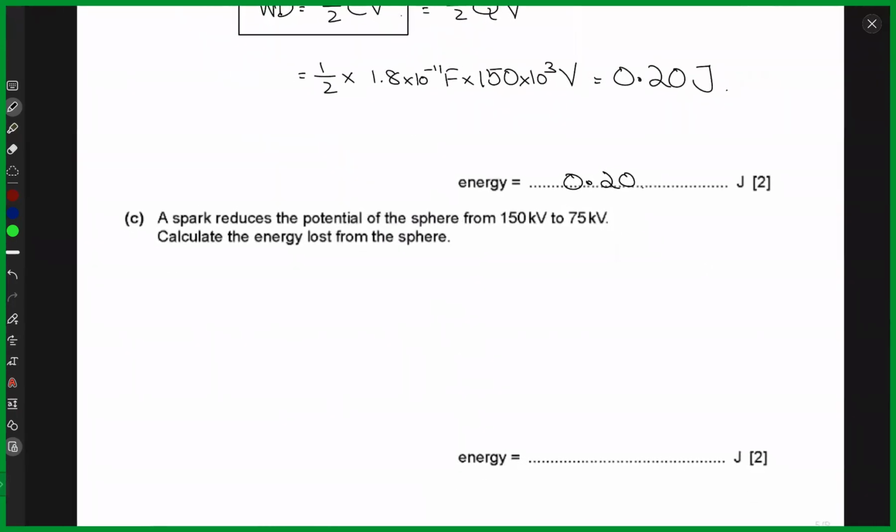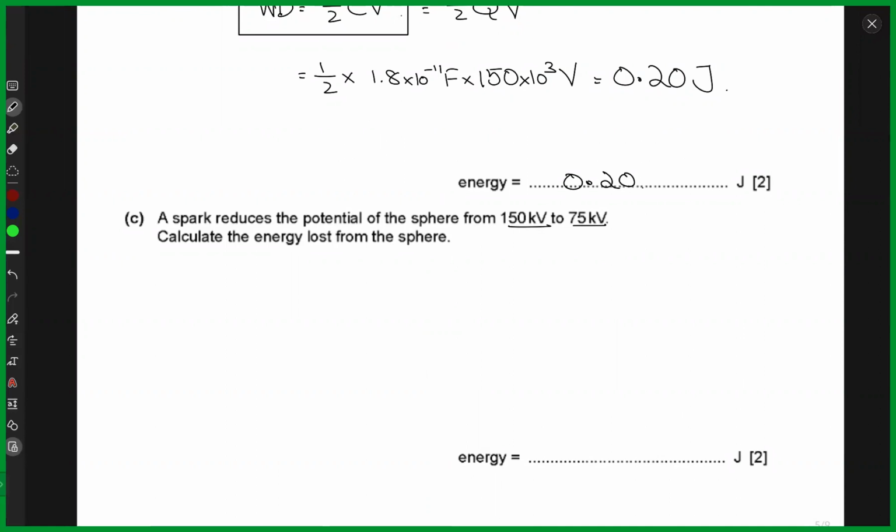C part says that a spark reduces the potential of the sphere from 150 kilovolts to 75 kilovolts. So you have this sphere storing charge, but eventually a spark happens. When a spark happens, the two opposite charges combine, so that energy is lost in combining these two charges.